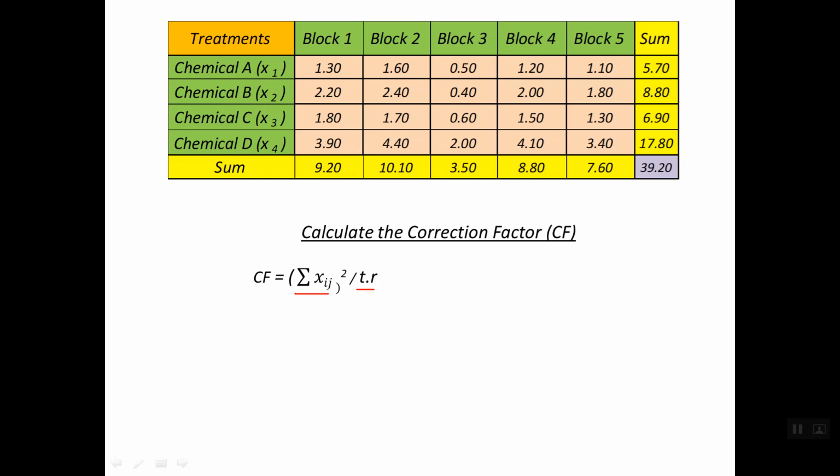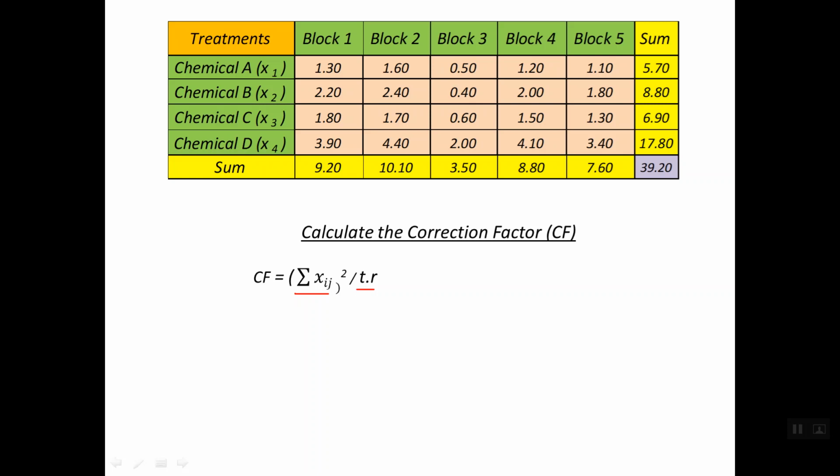which is equal to 20, or the same as multiplying T times R. T represents the number of treatments, and R represents the number of blocks.